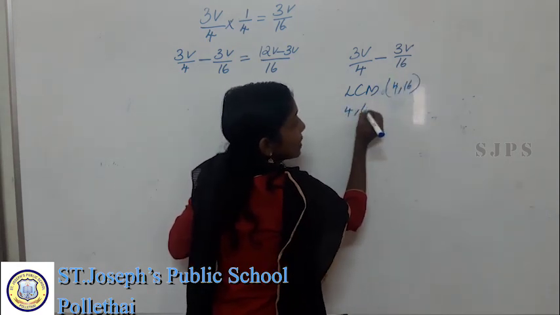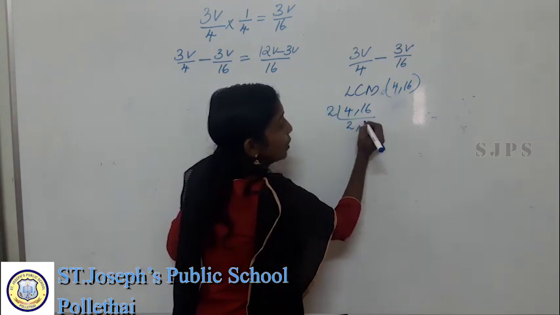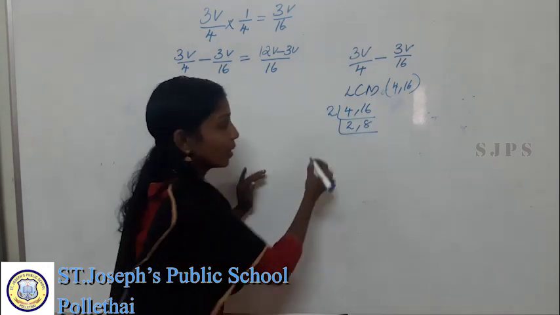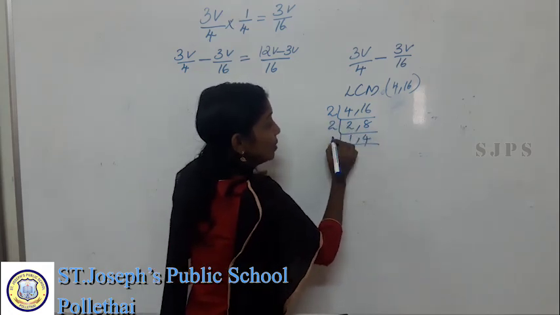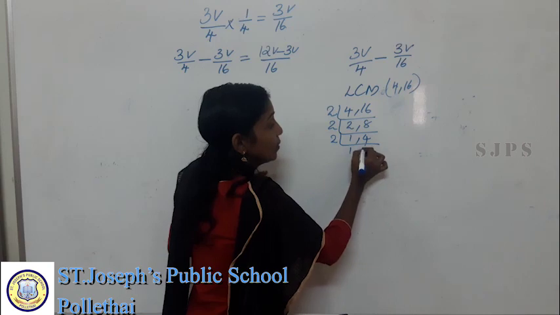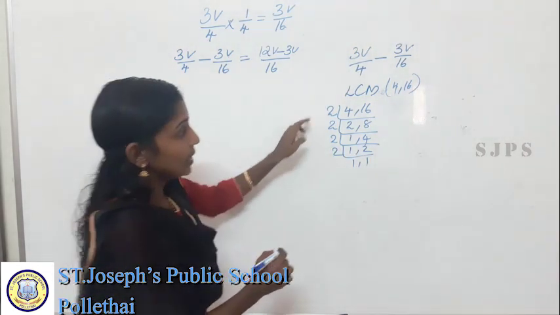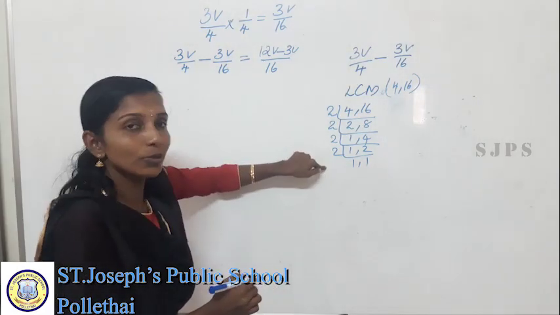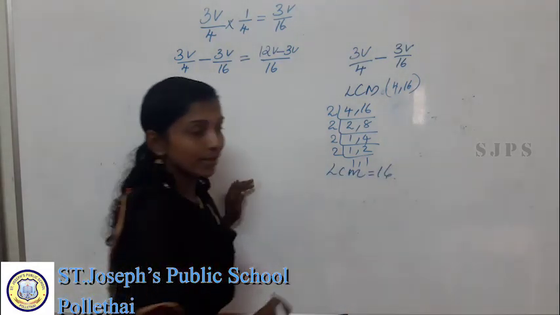So 4, 16, divided by 2: 2, 8, then 2: 1, 4, then 2: 1, 2, then 2: 1, 1. Then the LCM is 2 into 2 into 2 into 2. We get the LCM as 16.